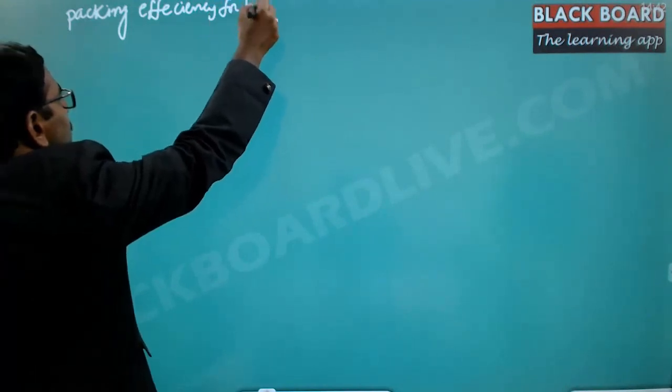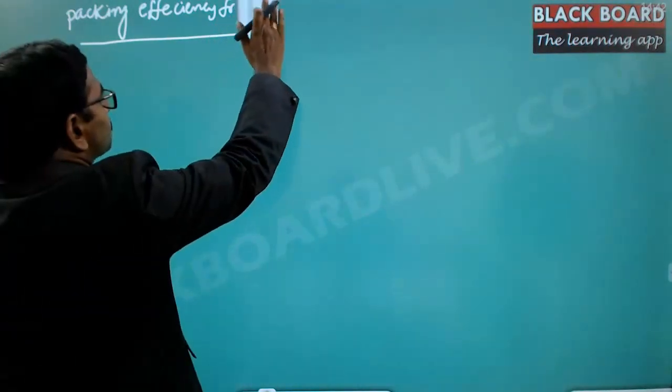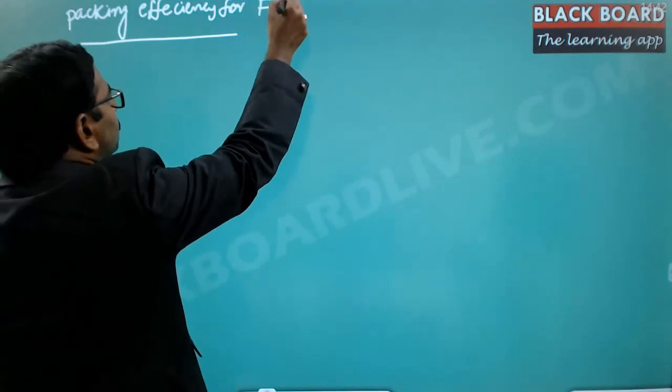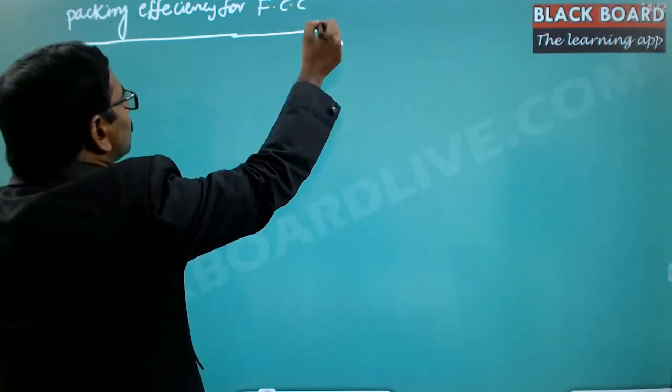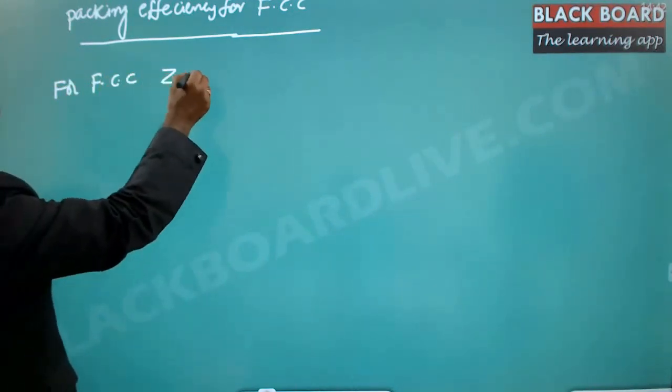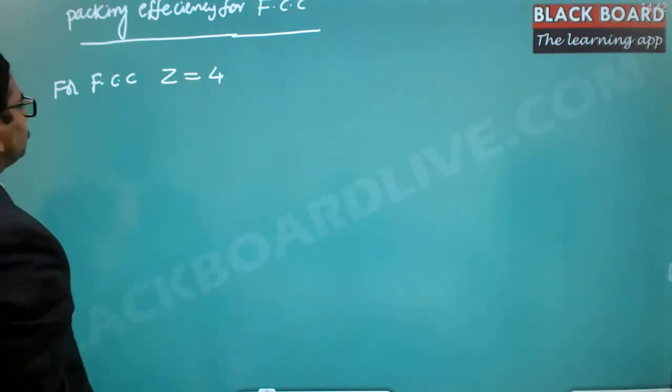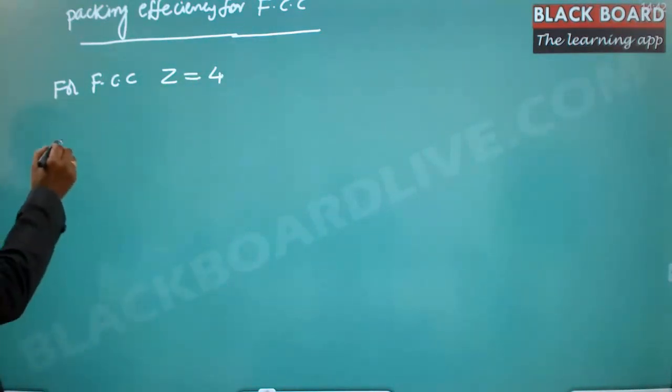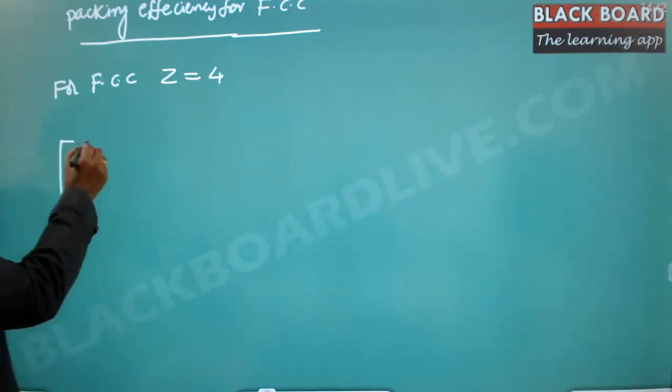First we calculate for the face centered cube, FCC. For face centered cube, Z is equal to 4. This is the cube.